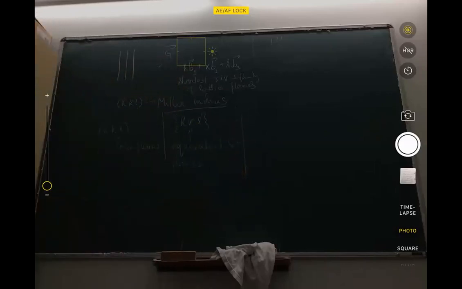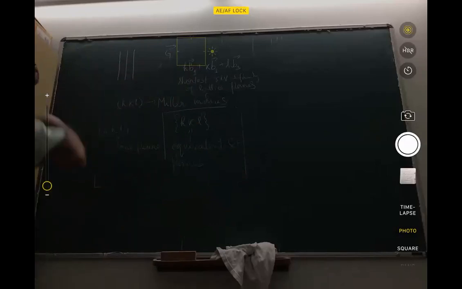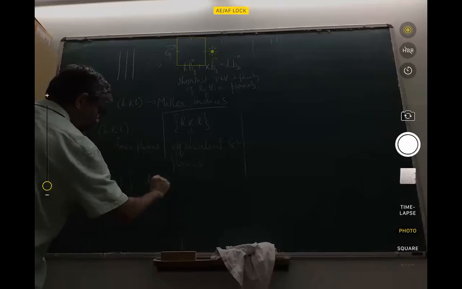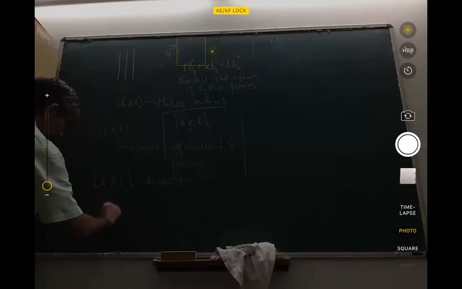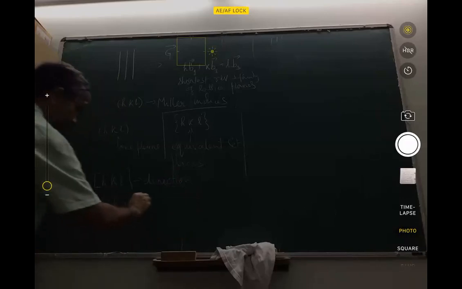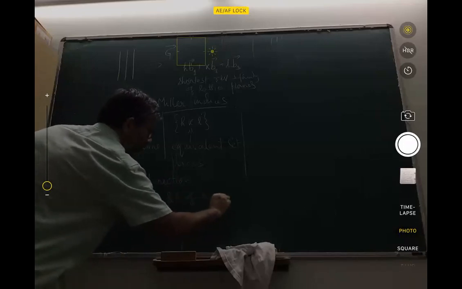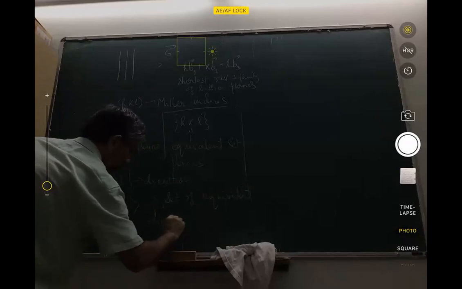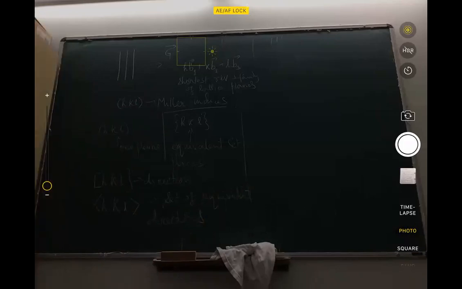And this direction, along G, is designated like this. So this indicates a direction in the lattice. These are some notations that are standard in this subject.